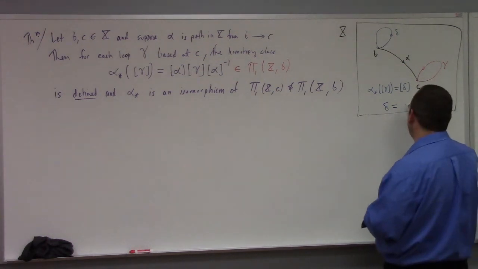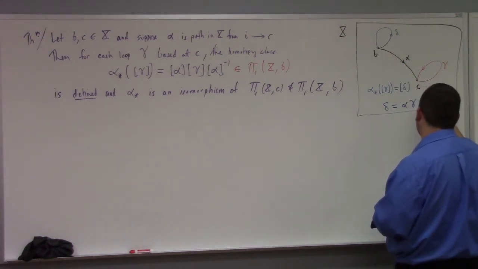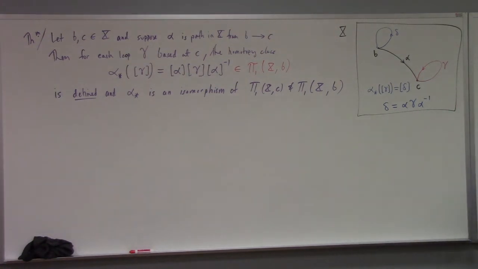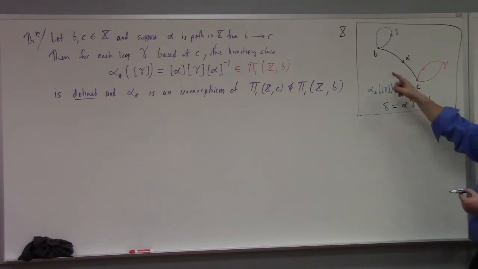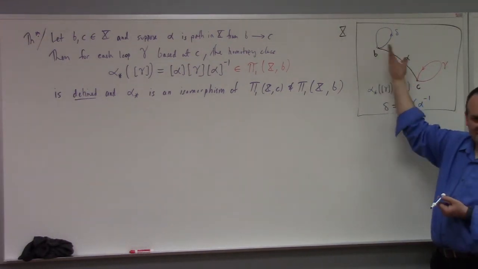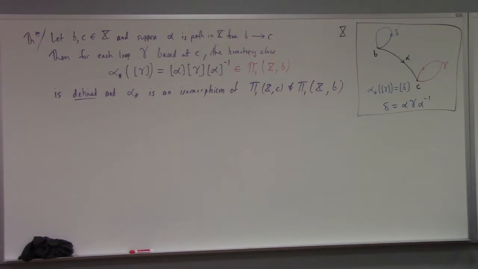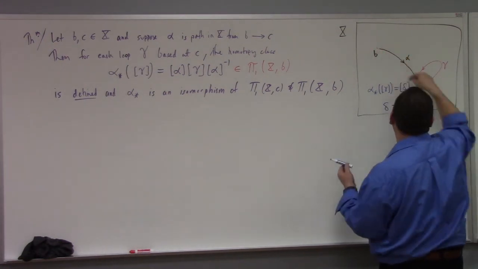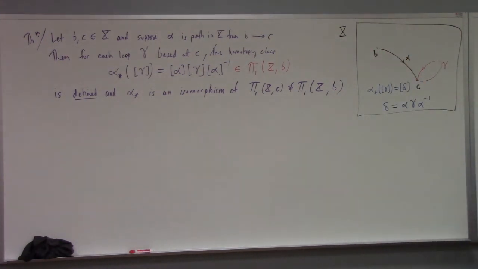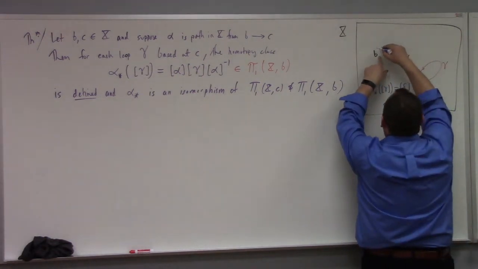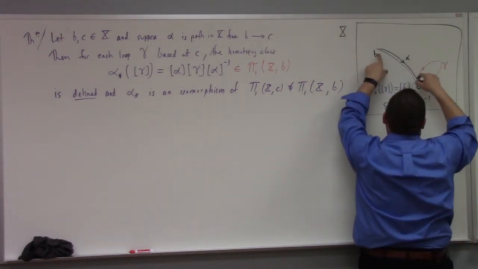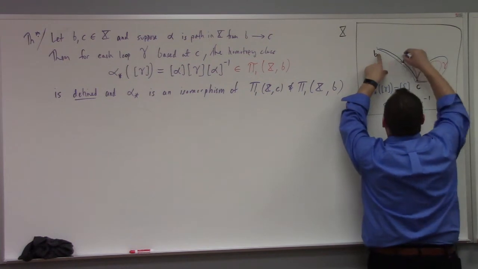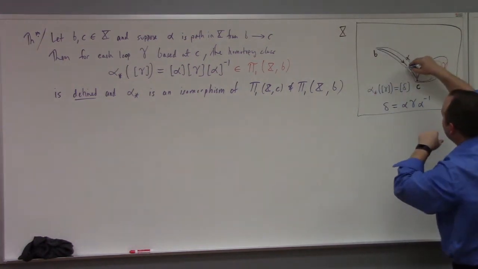I think it's just alpha, gamma, alpha inverse. That's a kind of silly loop, but my picture isn't quite the right picture. Delta is like this.